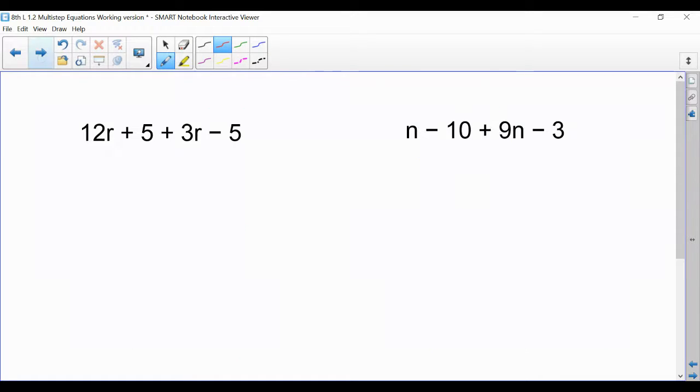I'll go through two more for you, and then you're going to do some practice on your own before we apply this to our two-step equations. So this problem here says 12r plus 5 plus 3r minus 5. So I have 12r, and then if I look over here, I have a plus 3r.